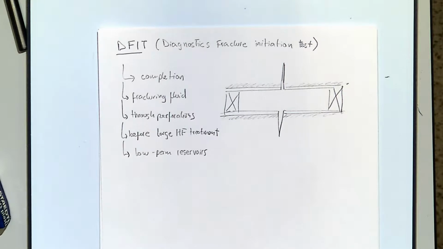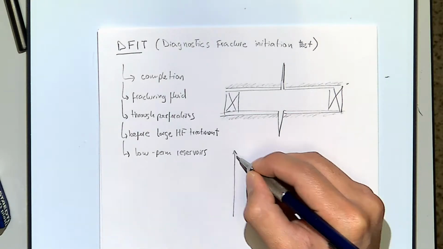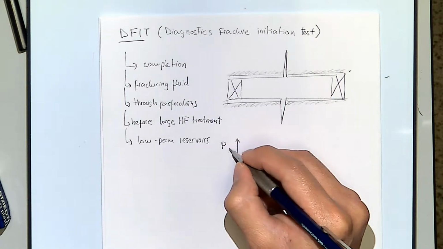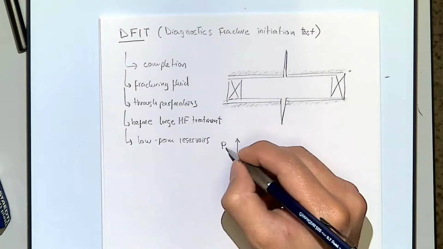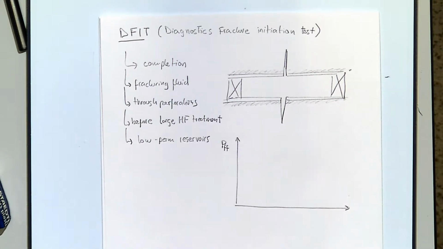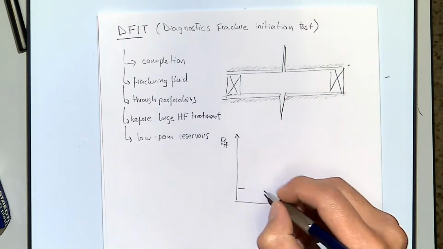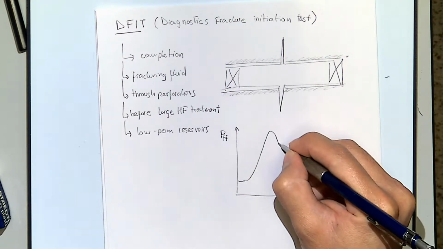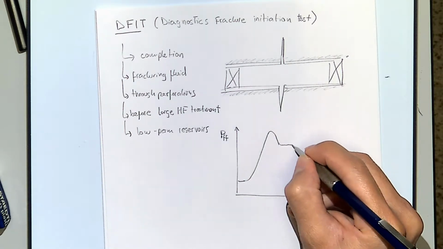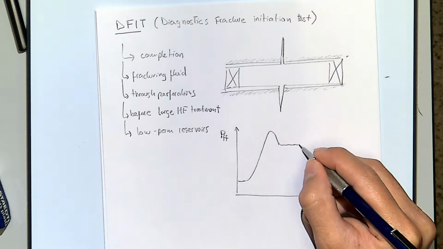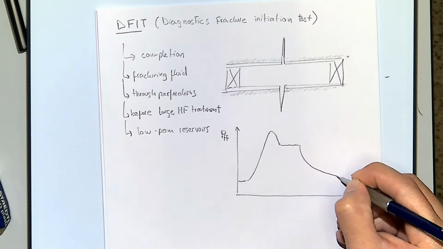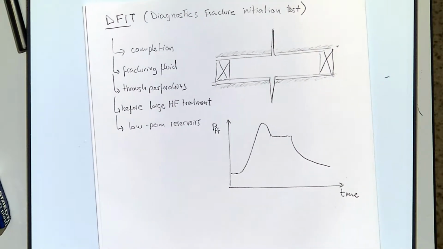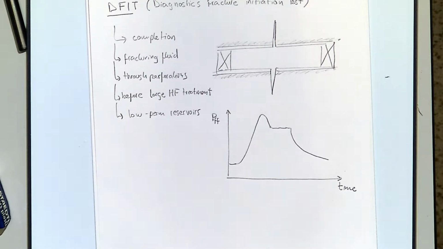Some people claim that out of this pressure signature, let's say now this is not the wellbore pressure, but it's the pressure of the fracturing fluid, you want to see something very similar: pressure that goes, with a constant injection rate, up, then down, reaches a more or less constant value, and you have instantaneous shut-in pressure and a decreasing pressure with time, very similar to what we saw in the leak-off test. But the analysis is a little bit different.